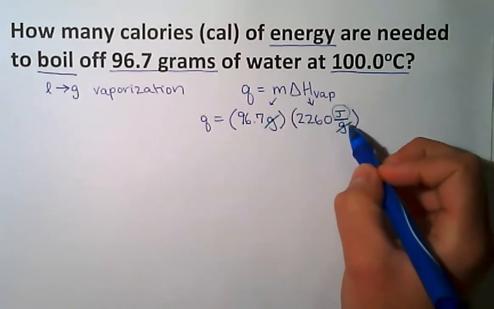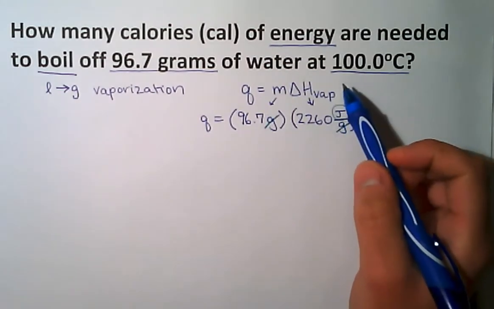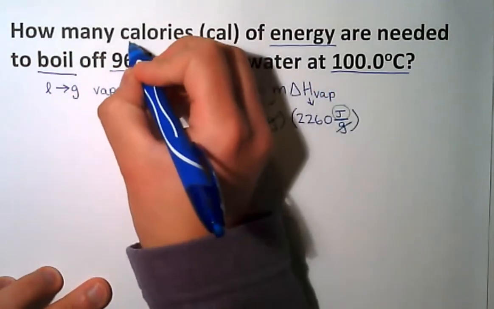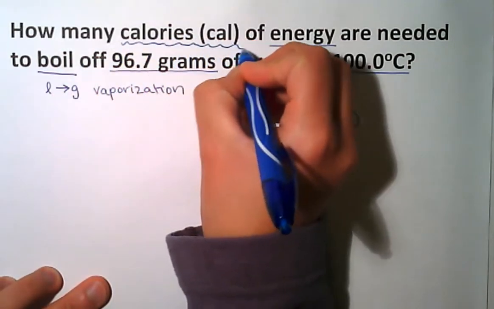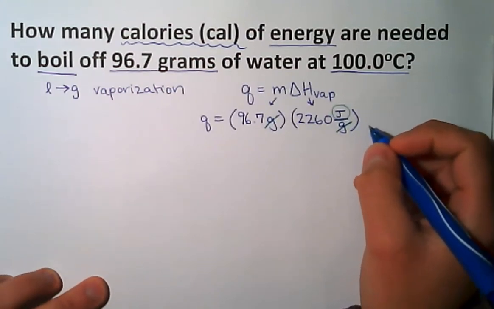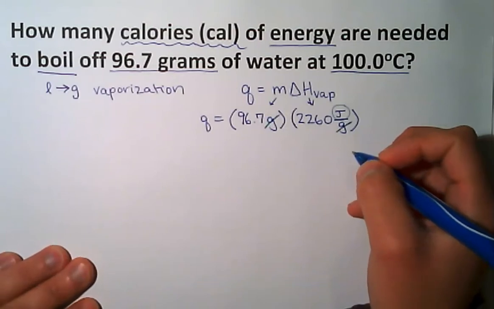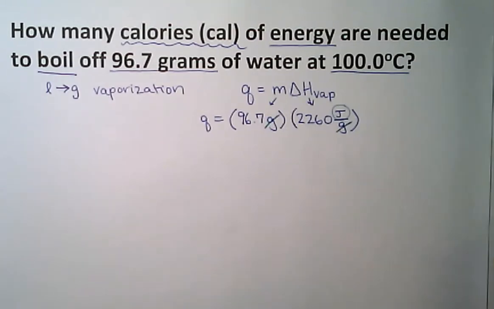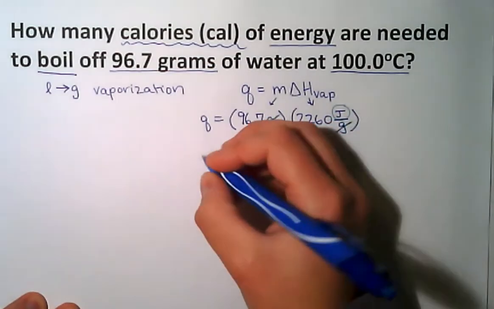However, it's not the final unit that we want. The question specifically asks for energy in the unit of calories. So once we get our answer in joules, we will need to do some dimensional analysis to convert to calories. And we know, of course, how many calories and joules are equivalent to one another. We can use that information once we get our answer in joules.